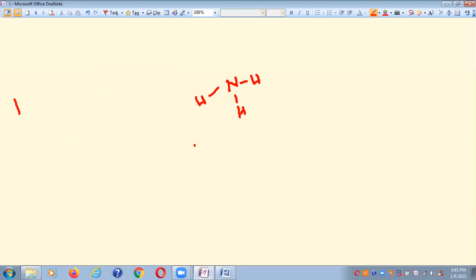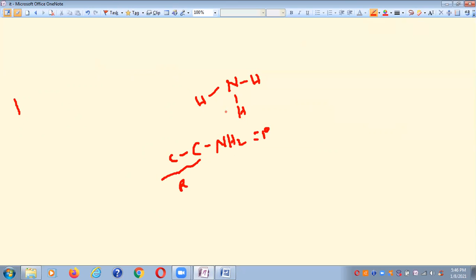If one hydrogen of ammonia is replaced with an alkyl part, it may be a single carbon or a carbon chain, whatever it may be, and we can write this as R, no problem. So this is a primary amine. If nitrogen is directly attached to one carbon atom, then that amine is known as a primary amine.